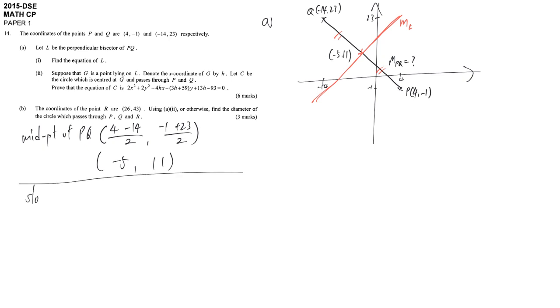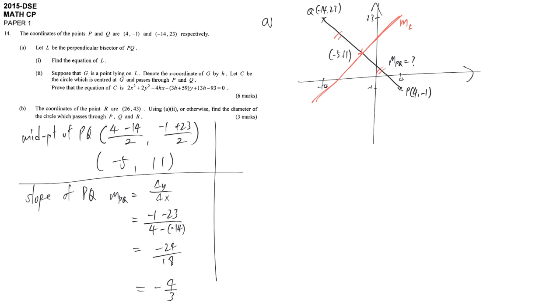So the slope of PQ is equal to delta y divided by delta x. So -1 minus 23, over 4 minus -14. So -4 over 3 is the slope of PQ.